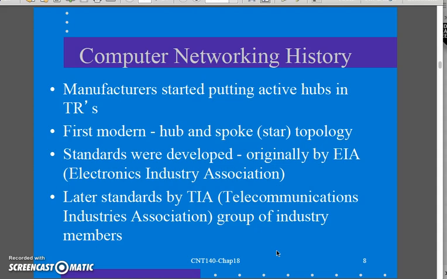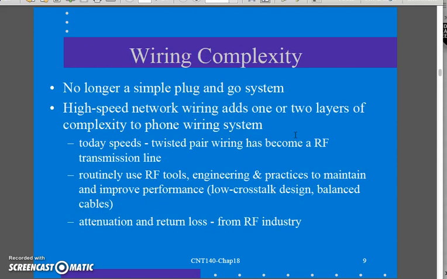So now manufacturers start putting our hubs and those sorts of things into the telecommunication rooms. Now we start getting the star topology. That's when standards came on the scene to start developing the proper way to do this, and that's when your EIA standards came along. Eventually TIA, or as we have today, ANSI TIA.